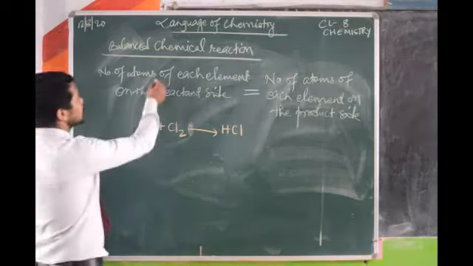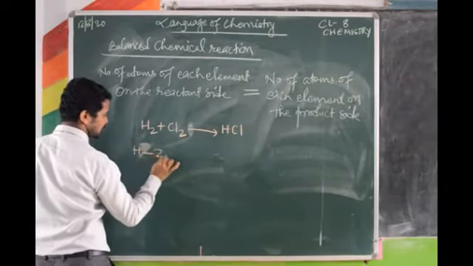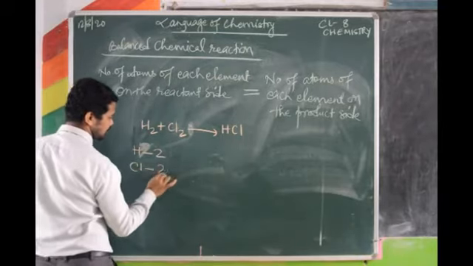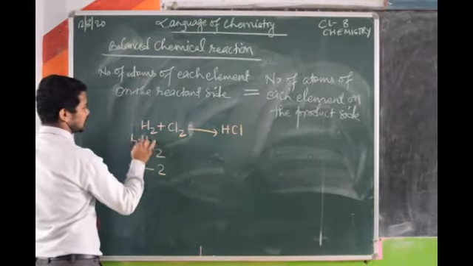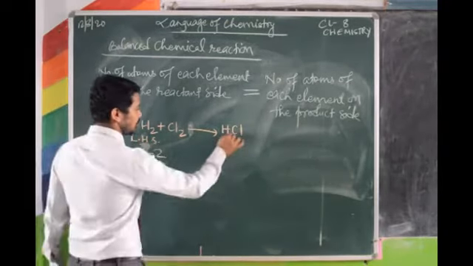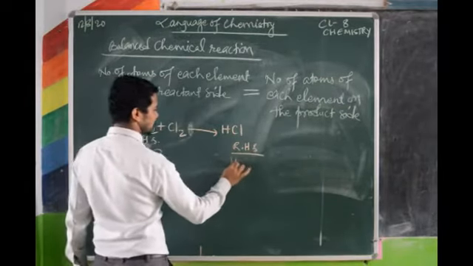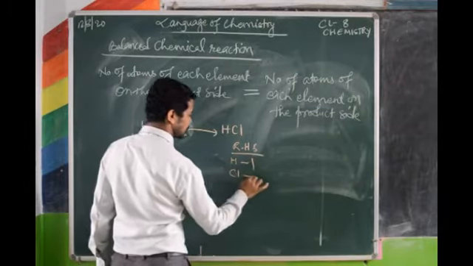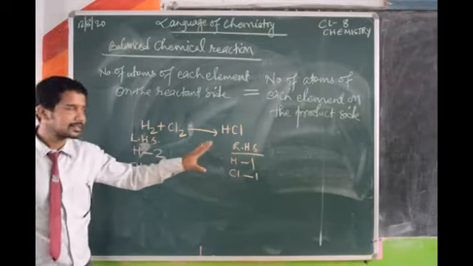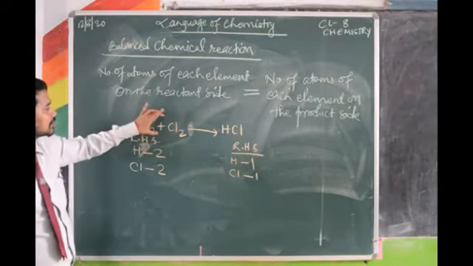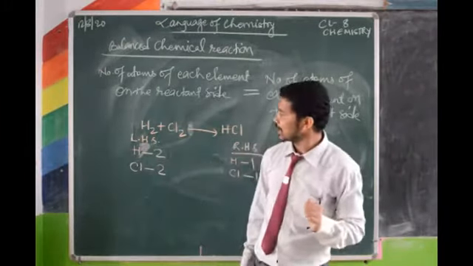No. Because the number of atoms of each element on the reactant side, here hydrogen, the number of hydrogen atoms is 2 and the number of chlorine atoms is also 2, on the reactant side or left hand side. And on the right hand side, the number of hydrogen atoms is 1 and the number of chlorine is also 1. So it is not balanced. That means this is not a balanced chemical reaction.